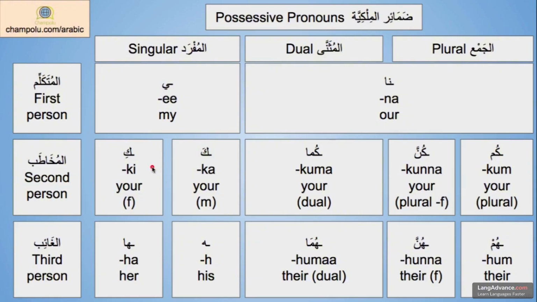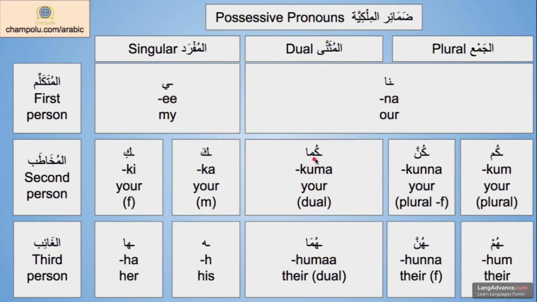And for second person, when you're addressing a female, you say baytuki. So the key suffix here is your for addressing a singular female, and baytuka. And ka here is the your part for singular male.